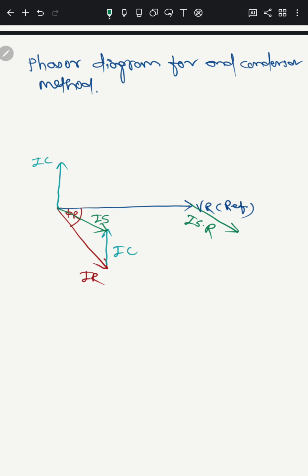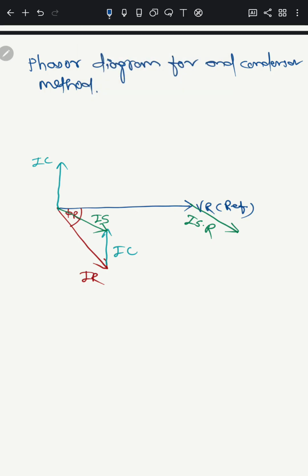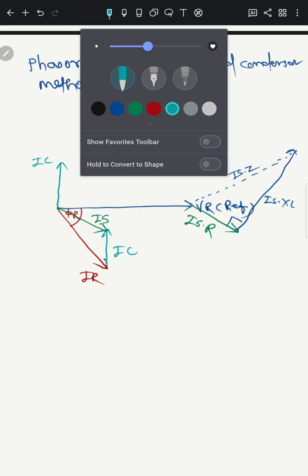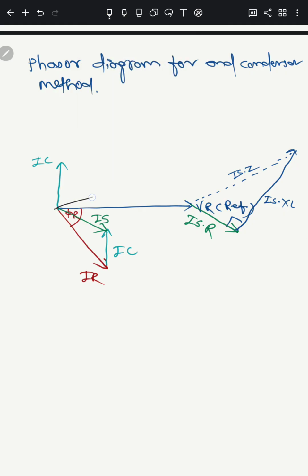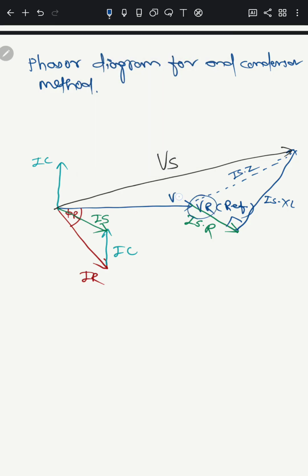Then we draw IS into XL at 90 degrees. These two give IS into Z. If we connect these points, we get Vs. This is vector Vr.